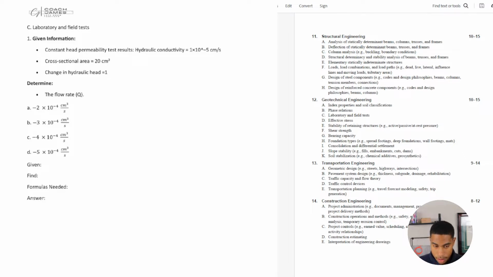Okay, so this is a bunch of information that they're giving me, and so what I want to do is write out the given information and then the information that I'm trying to find and any formulas that I may need to use. The information that I'm given: hydraulic conductivity.